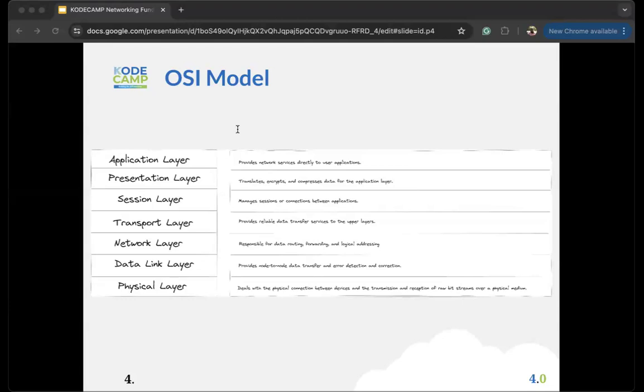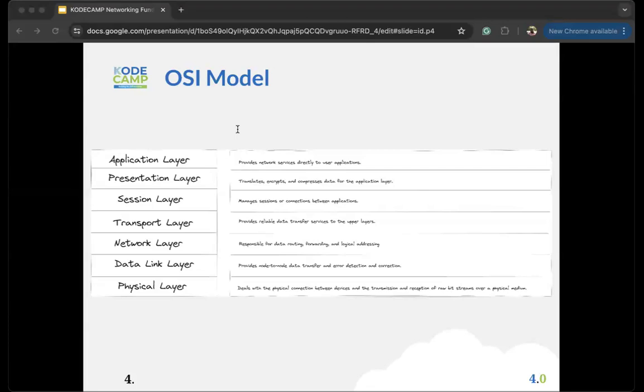And finally, the physical layer refers to the physical cables and the physical connections that are set up within our network.